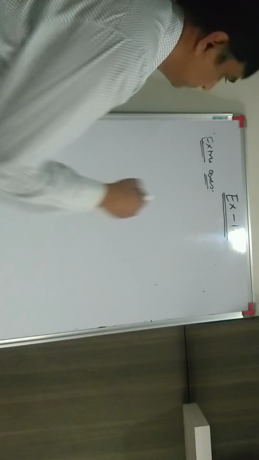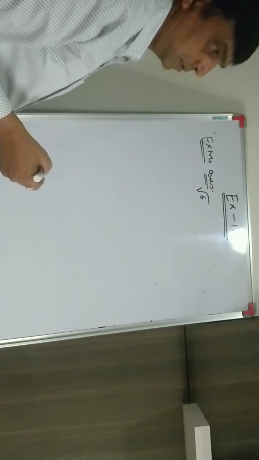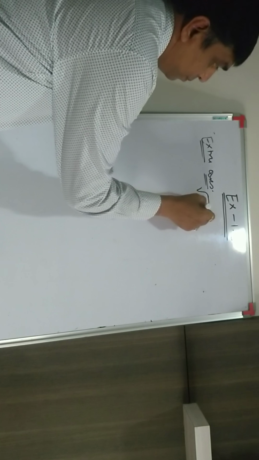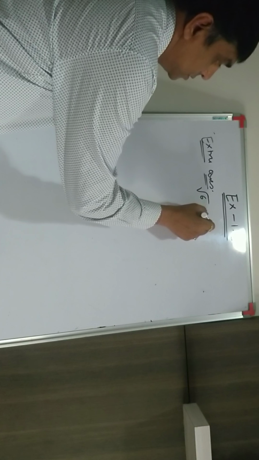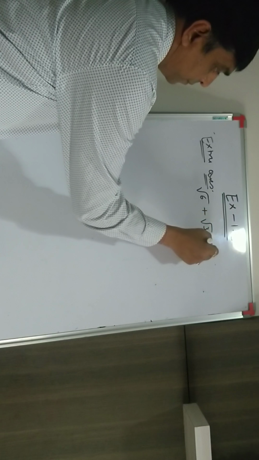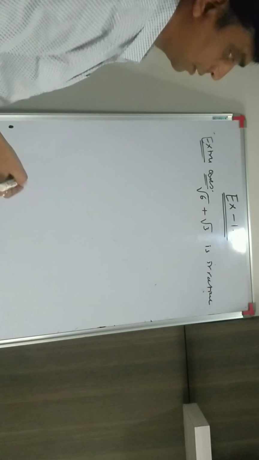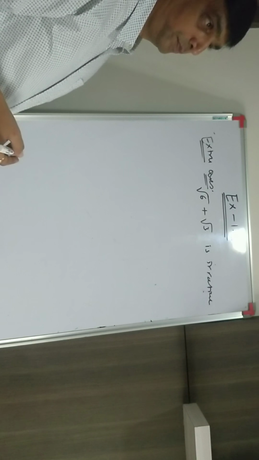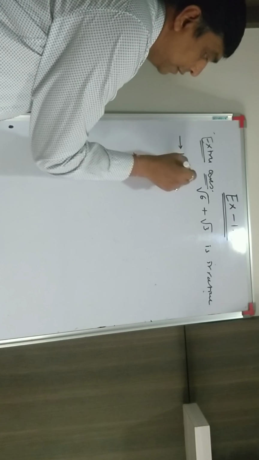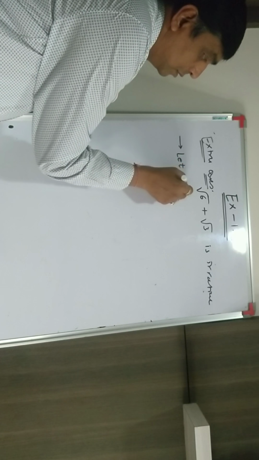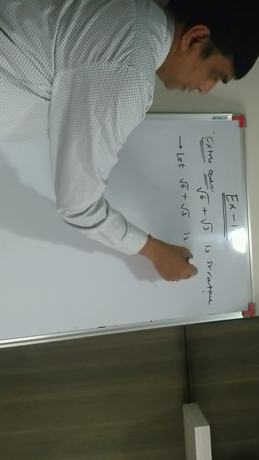Prove that root 6 plus root 3 is irrational. That we have to prove. Now let root 6 plus root 3 be rational.